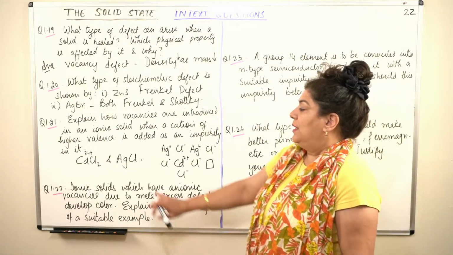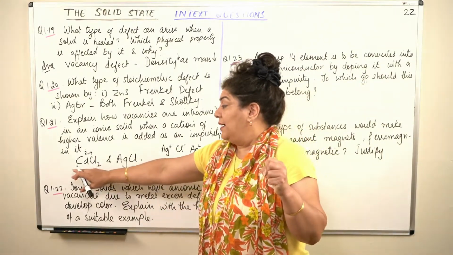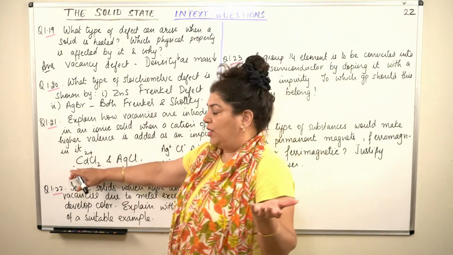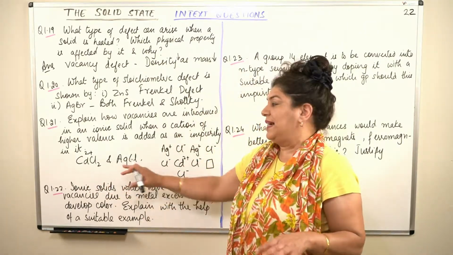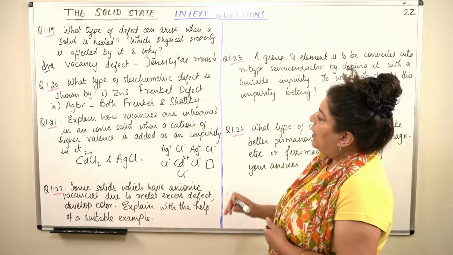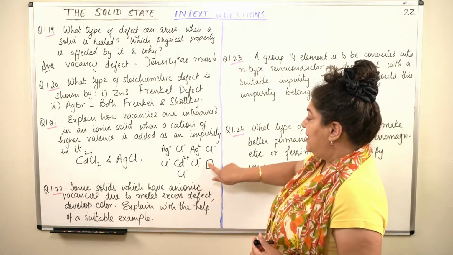In other words, in order to maintain electrical neutrality, if an impurity with a higher charge is added, then it will replace that many cations in order to balance the charges. So that is how this vacancy is introduced.